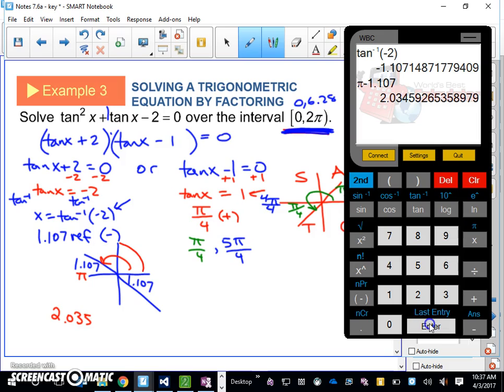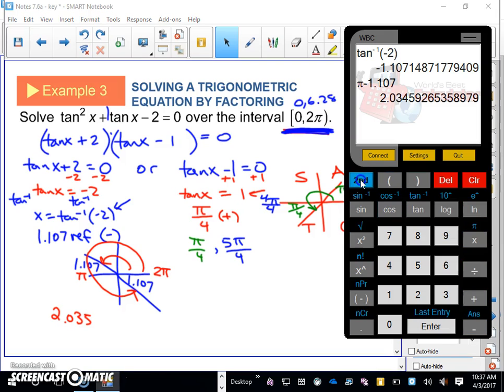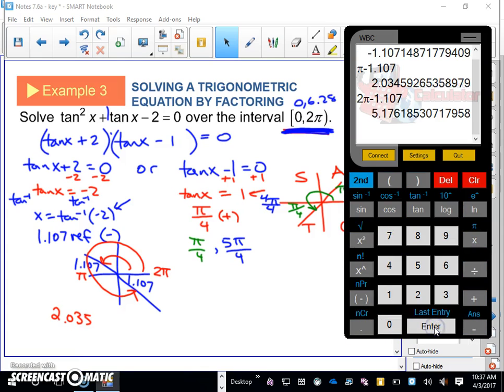And then you've got the other one, the one in the fourth quadrant. Remember, all the way around is 2 pi. So it's 1.107 before you get all the way to 2 pi. 6.28 if you're estimating there. So let's do 2 pi minus 1.107. 5.176.